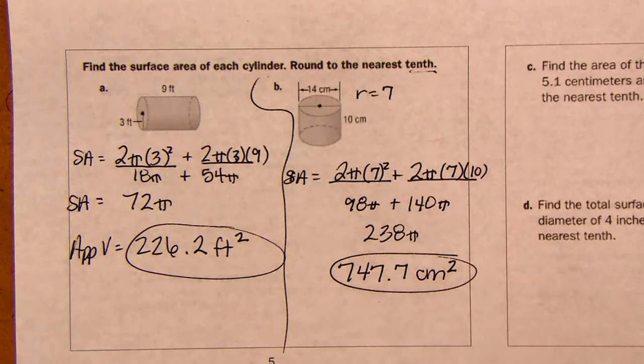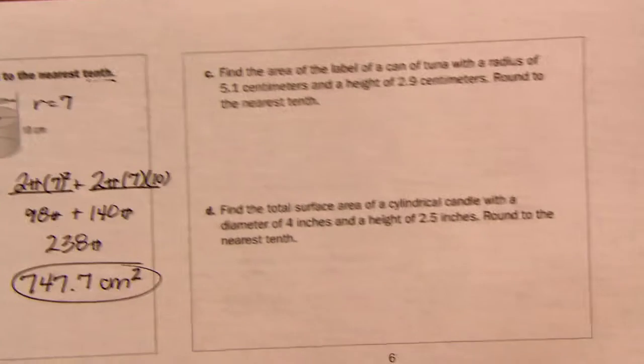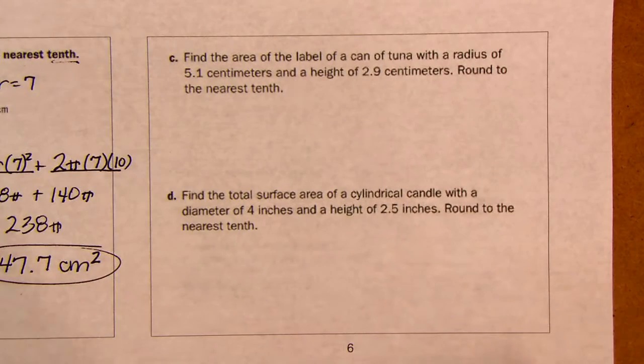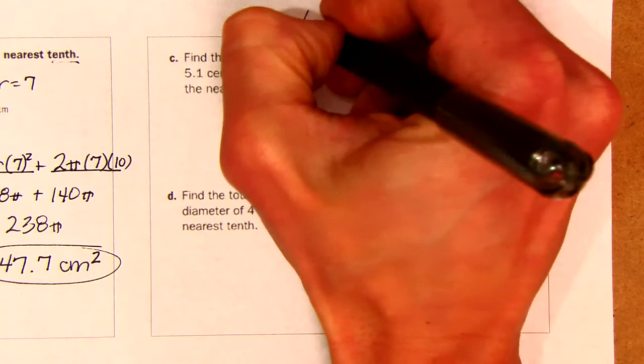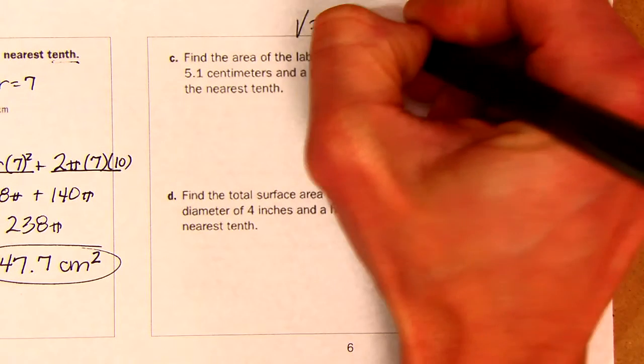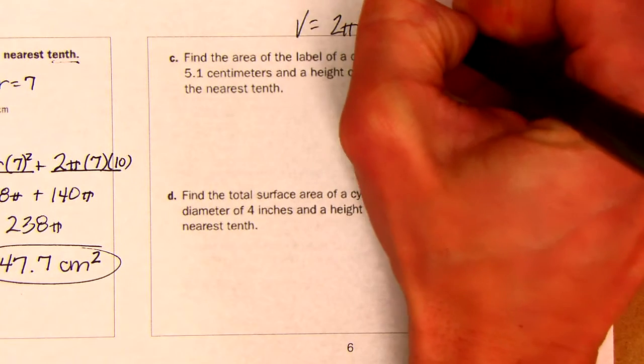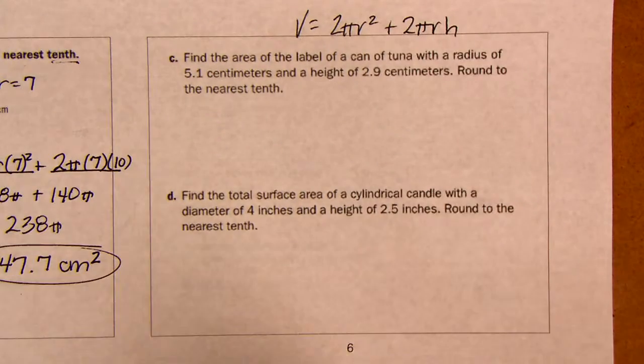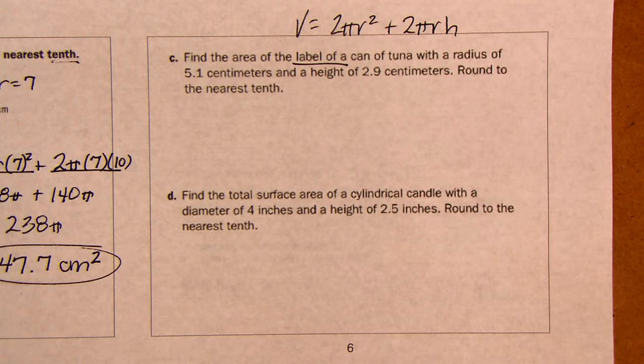Okay, so letter C. These are cool word problems because they leave some interpretation for your equation. I'm just going to write it up here. Your equation is 2 pi r squared, 2 circles, plus a rectangle. Find the area of the label of a can of tuna with a radius of that and height of that. Now, the label of the can, how many of you have gone to the grocery store and looked at a can of food and saw that the label was not only on the curved area but also on the circles?